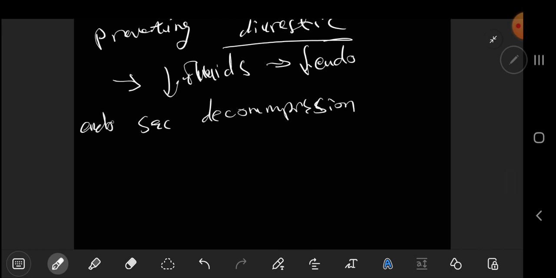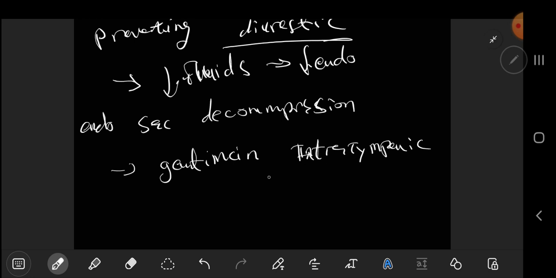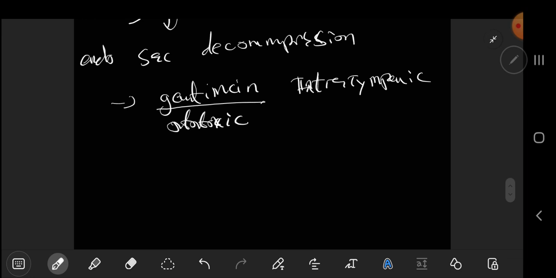Endolymphatic sac decompression. Another treatment is gentamicin, gentamicin injection or intratympanic injection. As you remember, aminoglycosides, including gentamicin, are ototoxic drugs, so we can try to damage the inner ear in order to abolish the vertigo, maybe the vertigo.